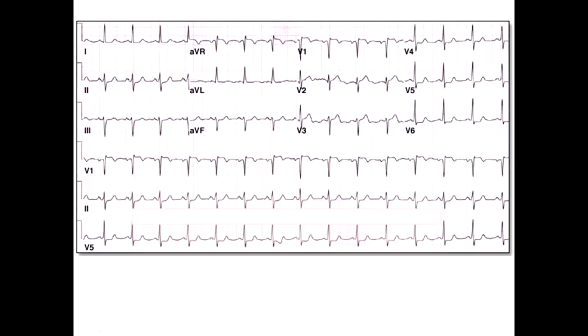In V1, we've got ST segment elevation, and it looks like we've got a biphasic P wave. Can you all see that there? And an inverted T wave. In V2, let's see, do we have ST elevation? A little bit difficult to see because we've got that wandering baseline. But one thing we do have is a biphasic QRS complex, and that is not normal there.